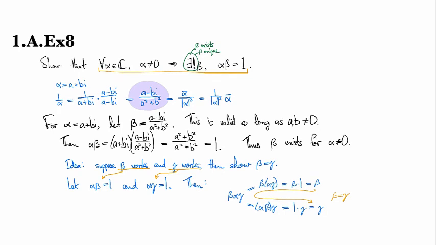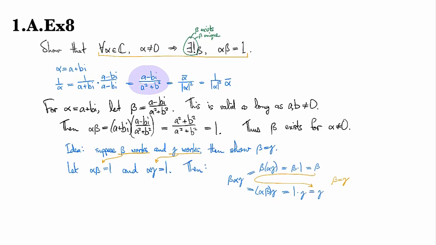Okay, so let's write that up. Now suppose alpha beta equals 1 and alpha gamma equals 1.